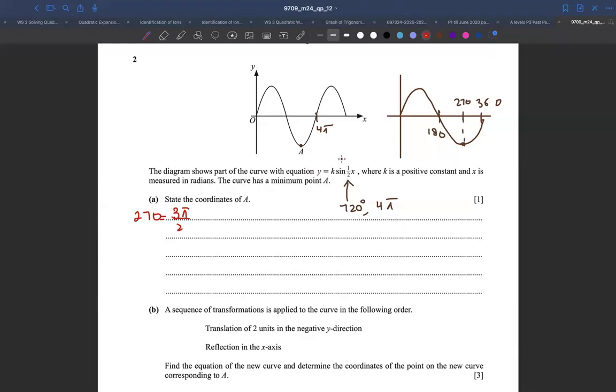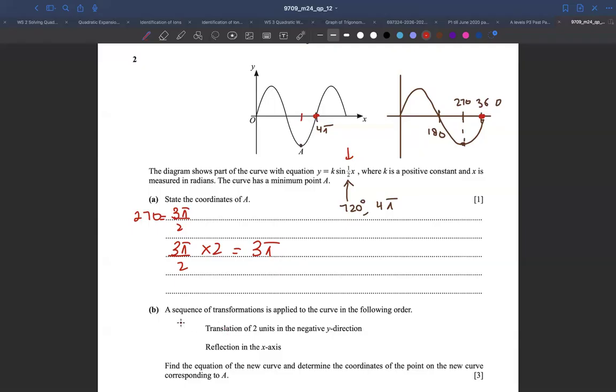But because this is sine of half x, this will be 3 pi upon 2 multiplied by 2. So this will become 3 pi or 540 degrees. Again, this 360 point is now at 720 or 4 pi. This 270 degrees is now at 540 or 3 pi, and that is it.